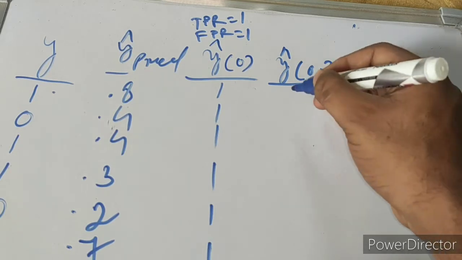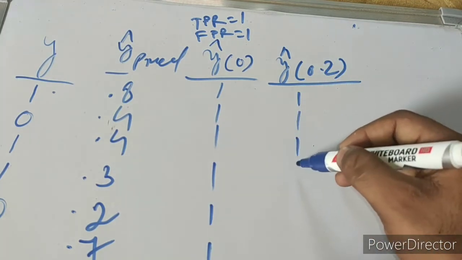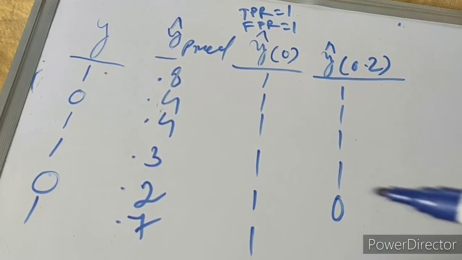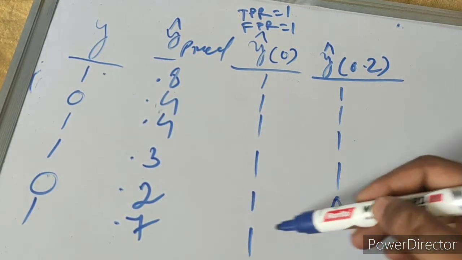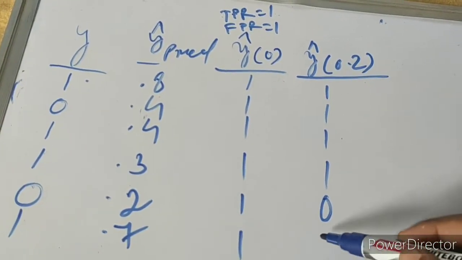So here it will be 1, this is 1, this is 1, this is 1, this is 0. You can see here the value is 0.2, that's why I am taking the value as 0.